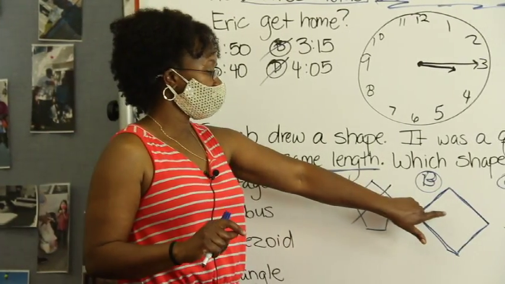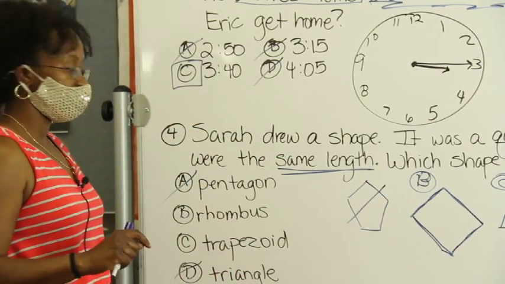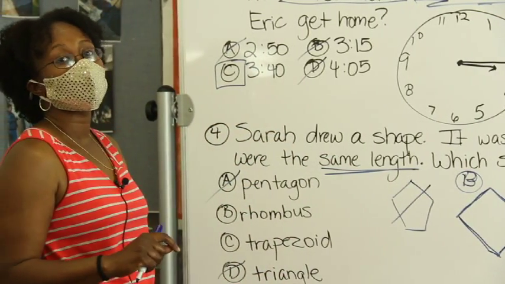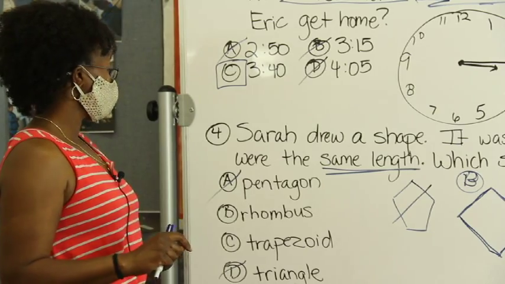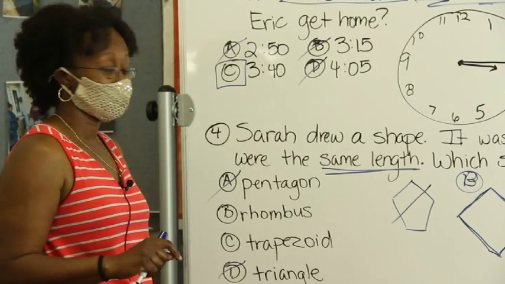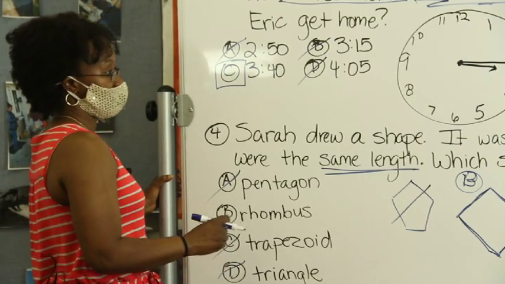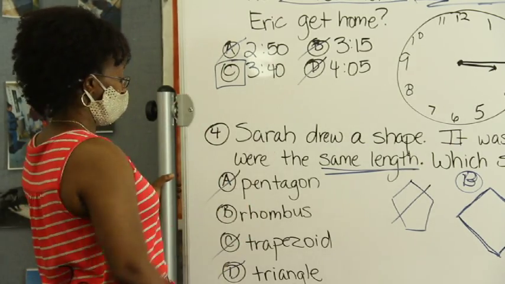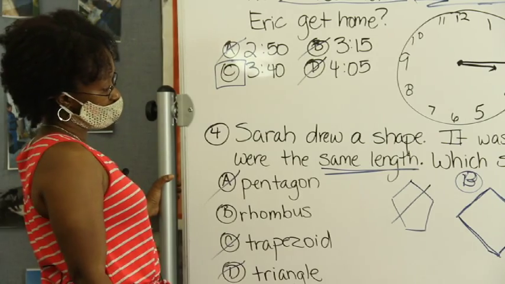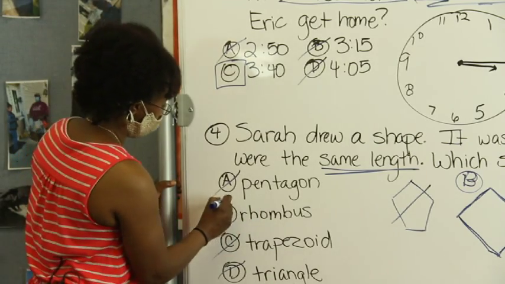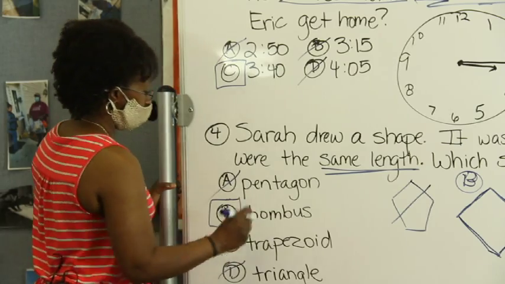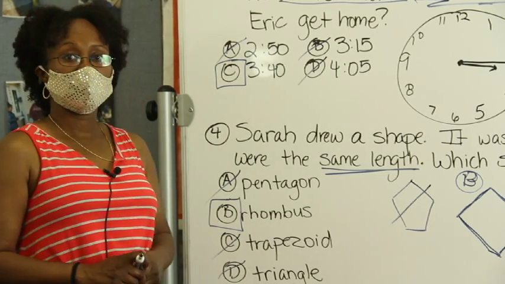But part of the definition for a rhombus is that all of the sides are the same length. So you should choose that one for that reason, okay? So we're going to go ahead and mark trapezoid out because we cannot say for certain that in that trapezoid all of the sides are the same length, but we can say that for a rhombus. So the answer would be B, okay?